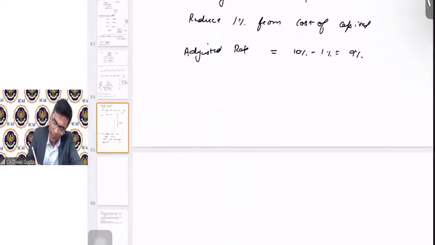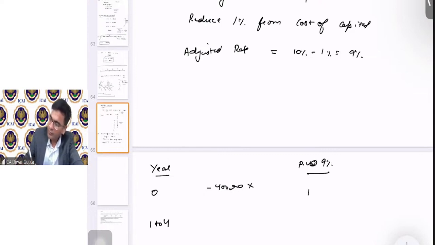What is the present value? Year 0, 1, 2, 3, 4, and fifth year. We have already seen that 4 lakh is the first year number. Present value at the rate 9% is 1.